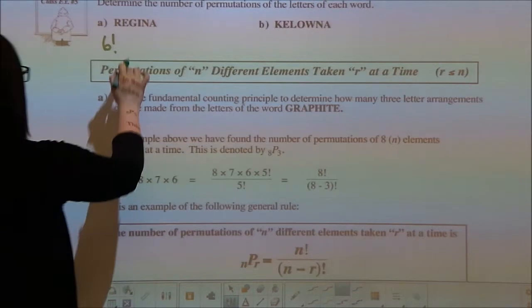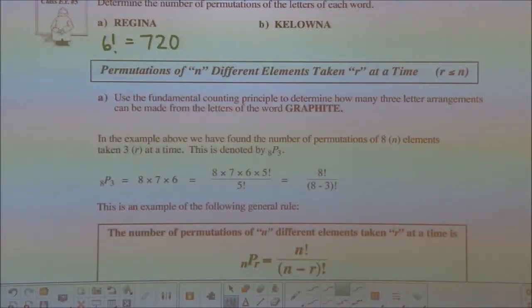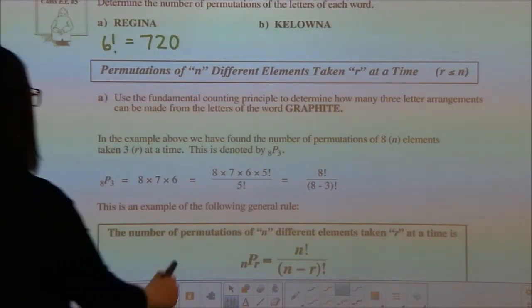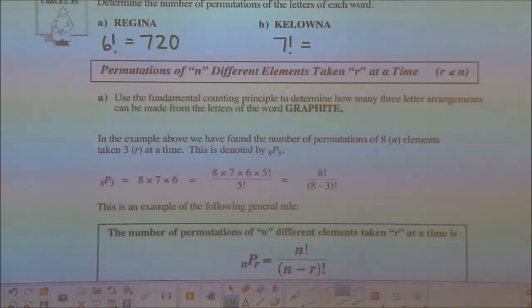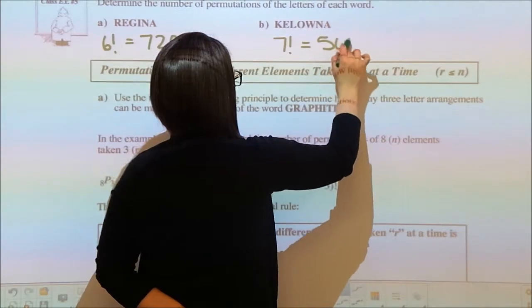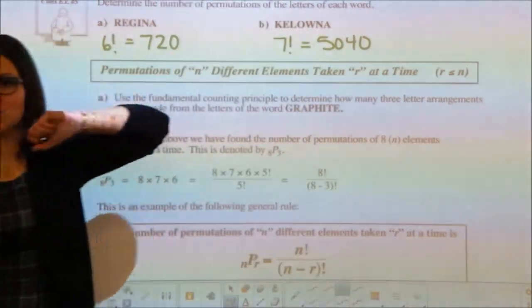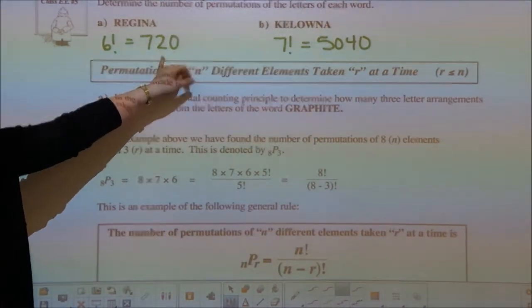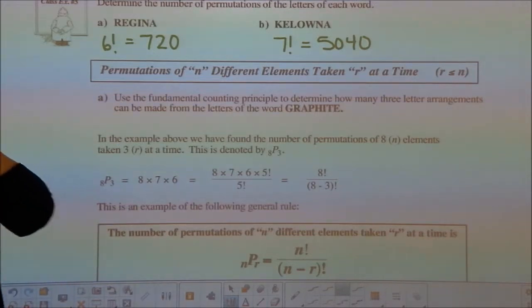Yep. Okay, what about Kelowna? 7 letters would be 7 factorial. And what is 7 factorial? And I could do that one of 2 ways. I could have gone the 7 factorial, or using 720, multiplied it by 7, because it would just be the one more. Okay?